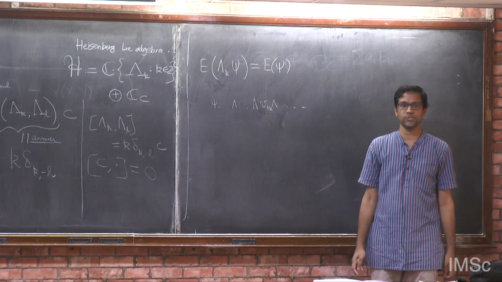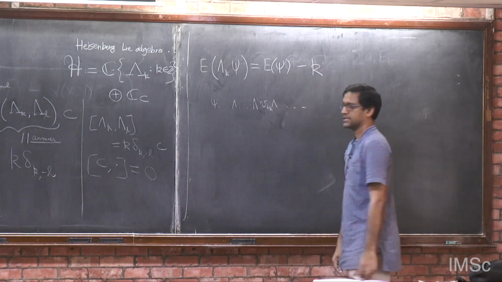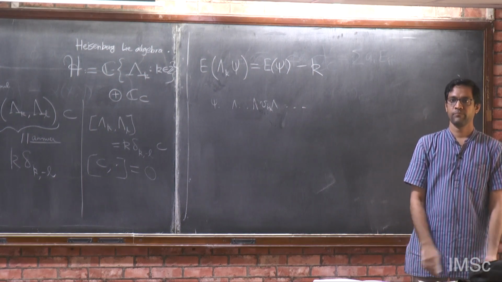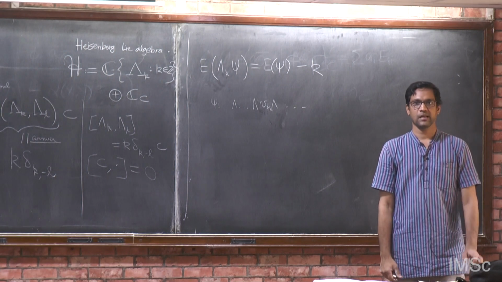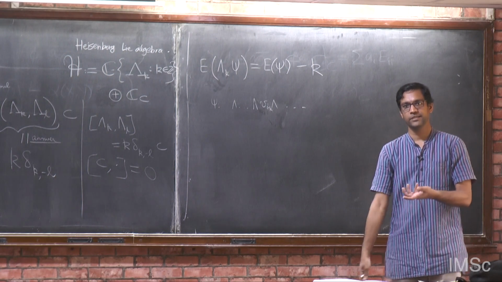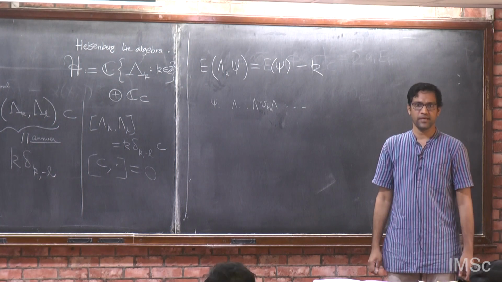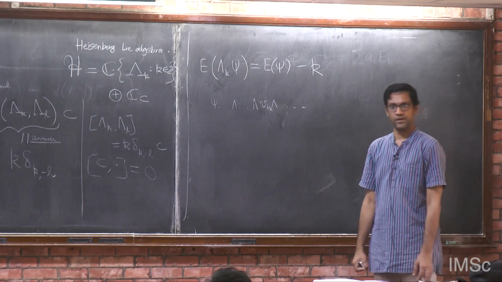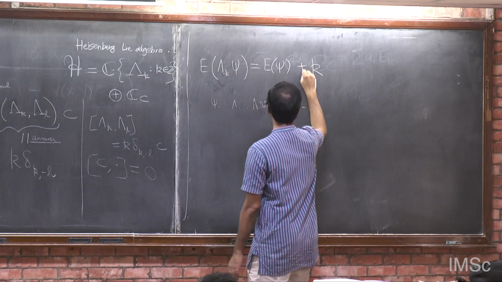What has it done to the energy? It just reduces the energy by k. So that's basically all it does. The positive lambda case will decrease energy by k, and the negative lambda case will increase it by k.